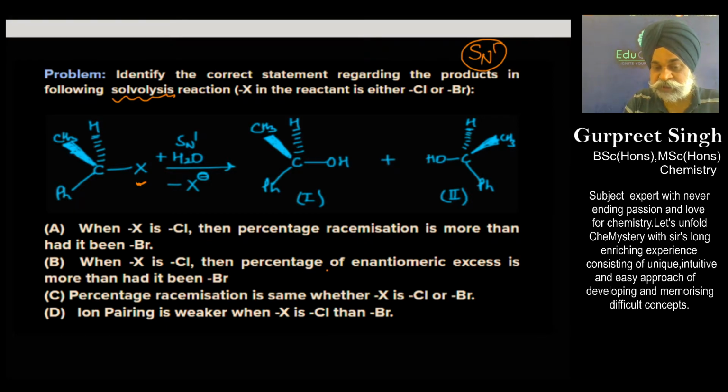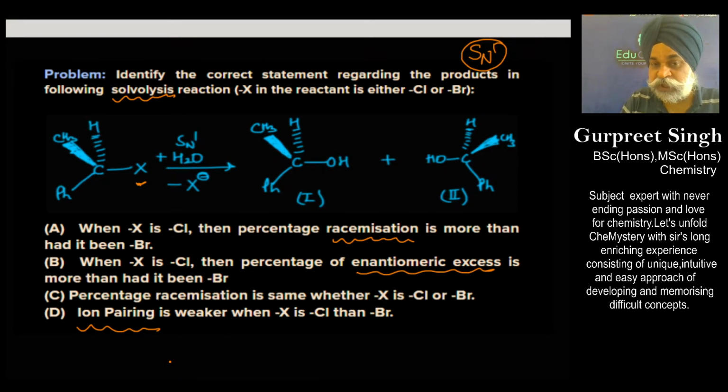Similarly, in the next option he is saying the percentage enantiomeric excess is more in the case of Cl as compared with Br. So first we need to understand what exactly racemization and enantiomeric excess are, and in the last option he is talking about something in regard to ion pairing.